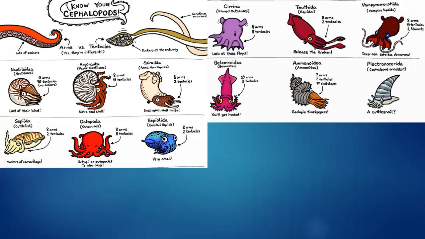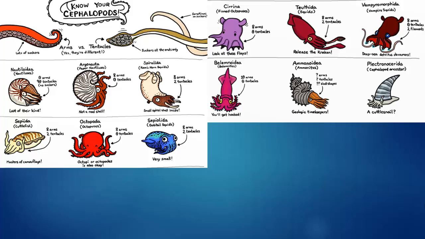And then on the bottom there, you've got belemnoidea. It's noidea, not no idea, which is kind of funny. Those are also extinct. And you've got the ammonites and the plectronoceridae, which are the ancestors to the cephalopods.